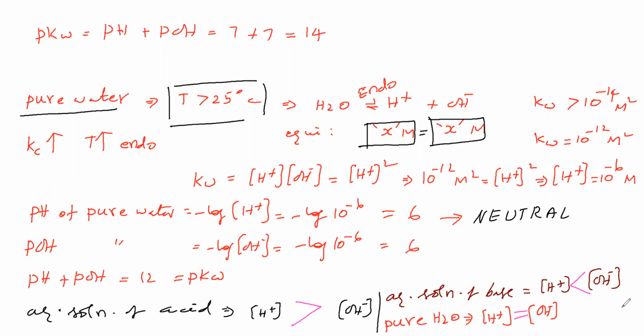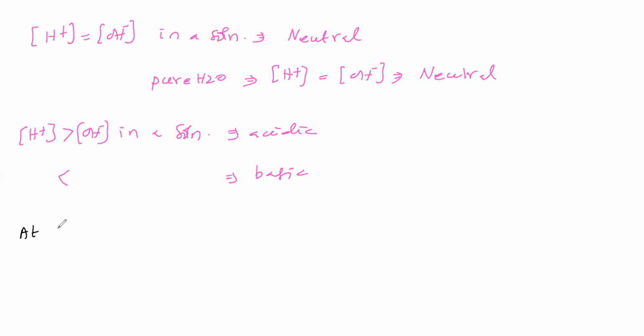At 25 degrees Celsius, we can say pH equal to 7 means neutral, pH less than 7 means acidic, and pH greater than 7 means basic. If we change the temperature, the pH at the neutral point will be different.